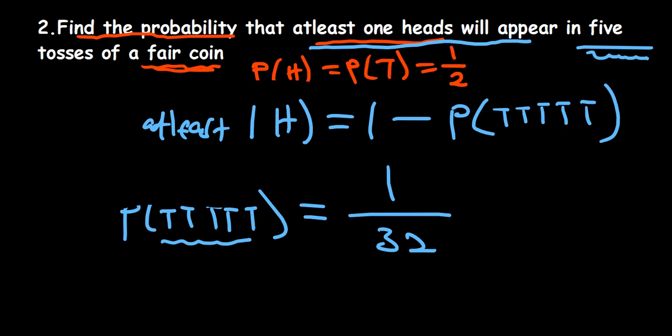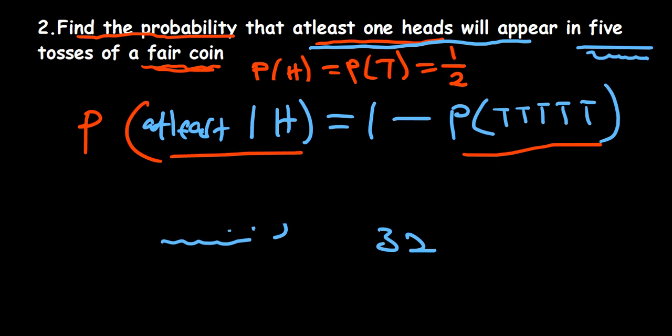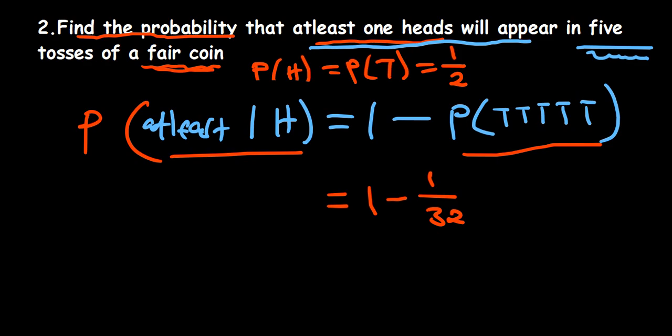So immediately we have the answer for this, then we can find the probability of at least one head. So the probability of at least one head is equal to 1 minus the probability of having 5 tails, which is 1 over 32. So this 1 can be written as 32 over 32 minus 1 over 32.